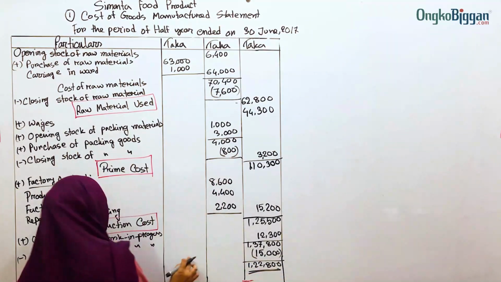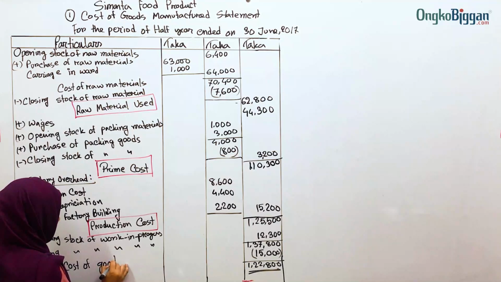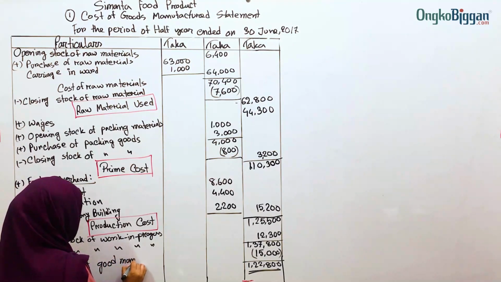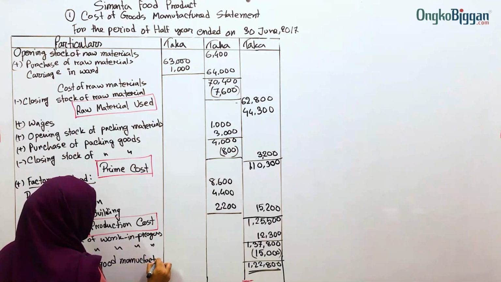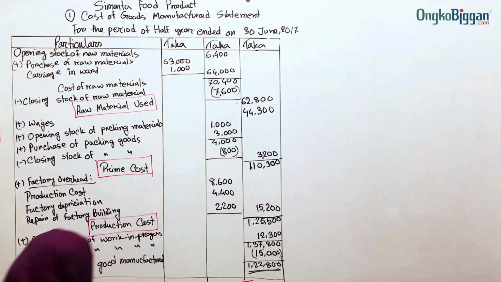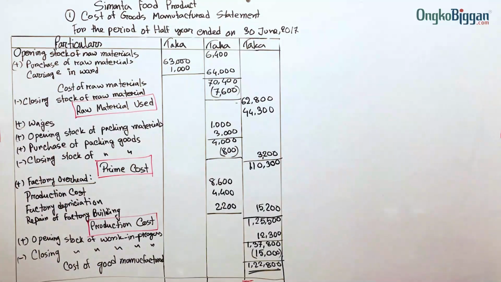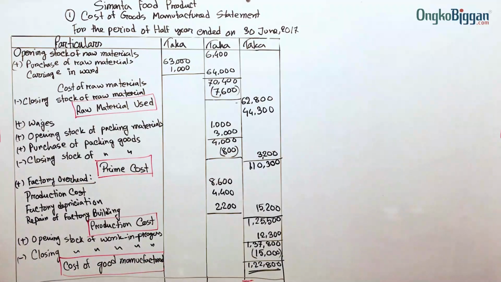This is our cost of goods manufactured. Done. Our final one is done. We got our cost of goods manufactured.